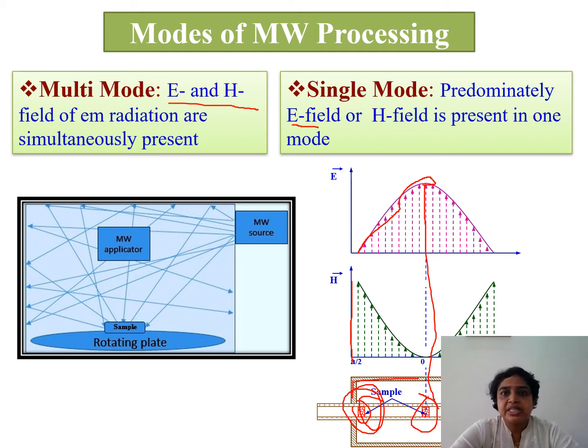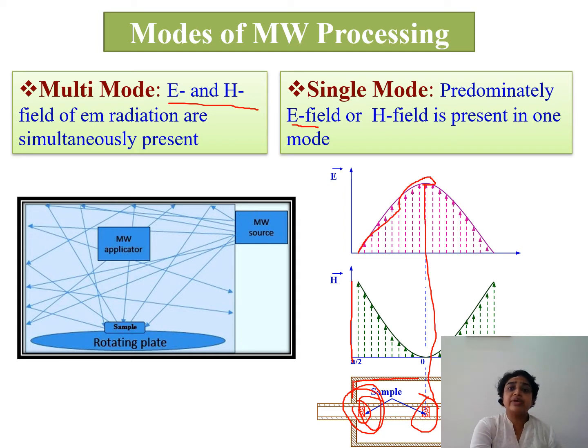So there are basically three kinds of microwave processing. The first is multi-mode, the second is single mode, and in single mode it can be E field or H field. If you have a dielectric material, you will definitely prefer E field. The advantage of single mode is this: in multi-mode the energy is distributed between E and H fields, whereas in single mode the energy is concentrated in either the E field or the H field.